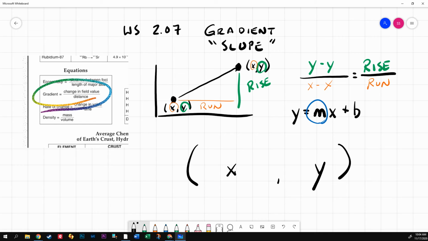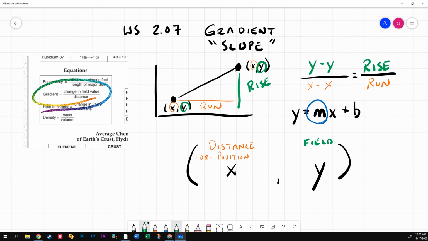So very often, the X is going to be used as the distance, or the position, and that's usually still going to be reported in some kind of known standard unit. And the Y is going to be the field value, whether that be a temperature or some kind of measurement. That's going to be your field value.